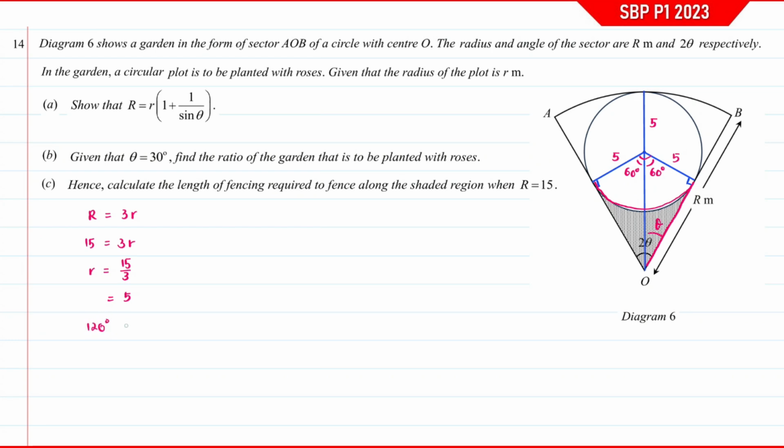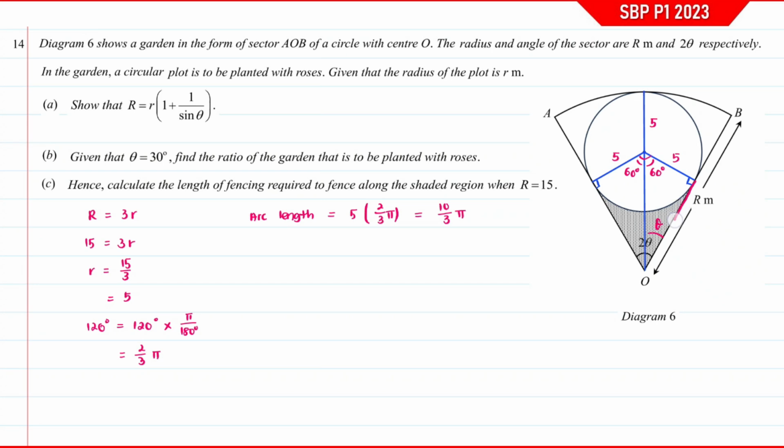So we're going to convert this 120 degrees into radian. It will be equal to 120 degrees times pi over 180 degrees, which is equal to 2 over 3 pi radian. So we can find the arc length using the formula r theta. So the r will be 5 and the theta will be 2 over 3 pi, which is equal to 10 over 3 pi.